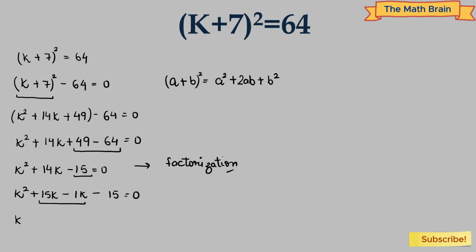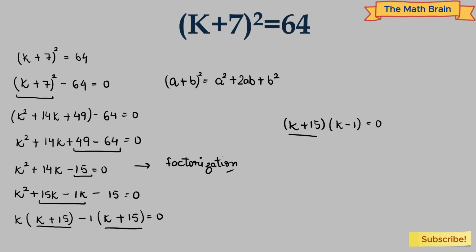By taking k common, inside the bracket we will have k + 15, and from here −1 common, we are left with (k + 15) in the bracket = 0. Now take k + 15 common, and k − 1 will be the other term = 0.